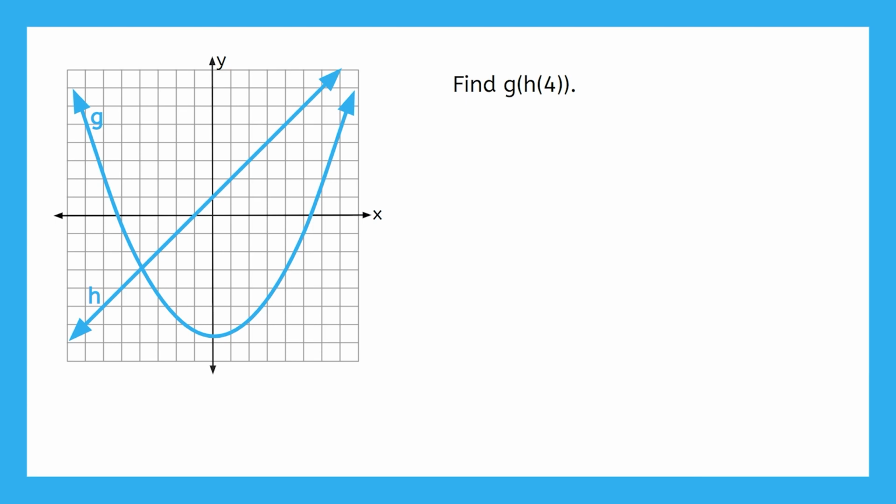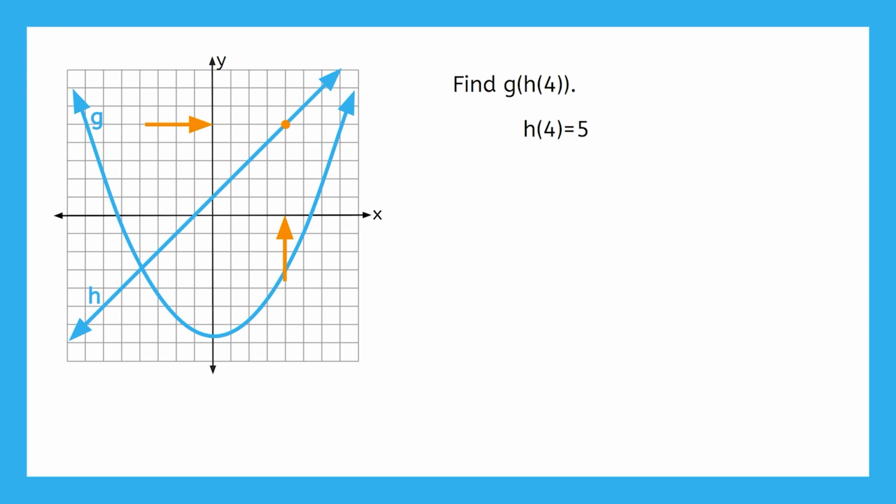Just like before, we want to evaluate the innermost function first and then work our way outward. So here, we'll find h of 4 first, and then use that output to find g of h of 4. Okay, let's get started with finding h of 4. If we input 4 on the graph, we find that the output for function h is 5.